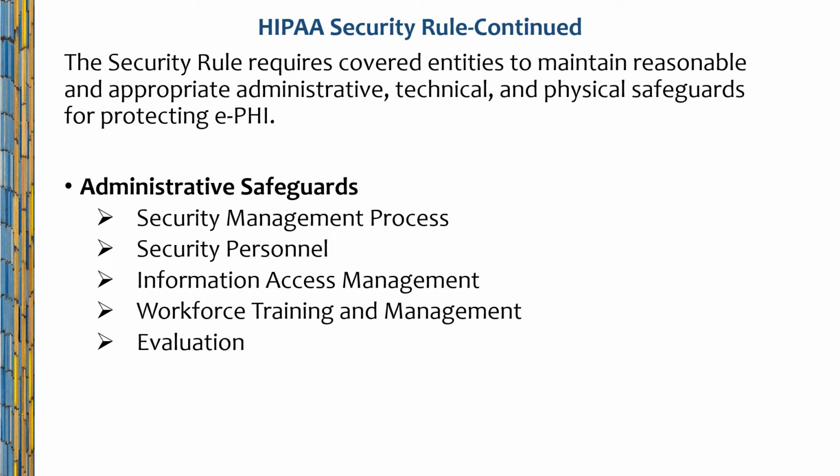Workforce training and management. A covered entity must provide for appropriate authorization and supervision of workforce members who work with electronic PHI. A covered entity must train all workforce members regarding its security policies and procedures and must have and apply appropriate sanctions against workforce members who violate its policies and procedures.